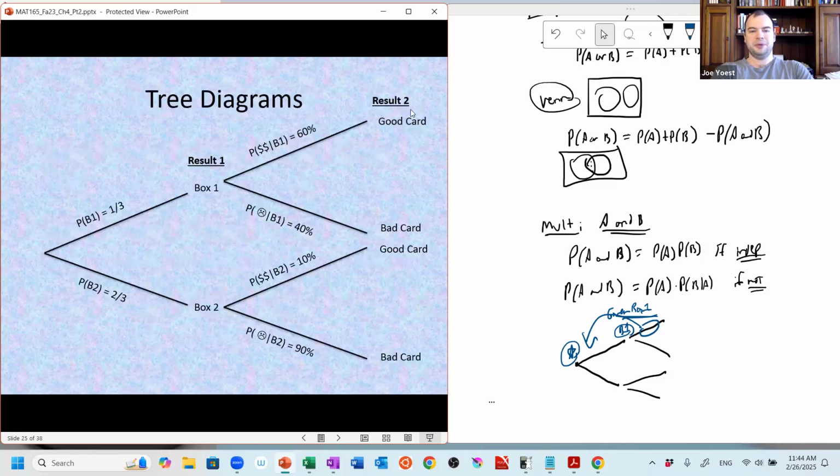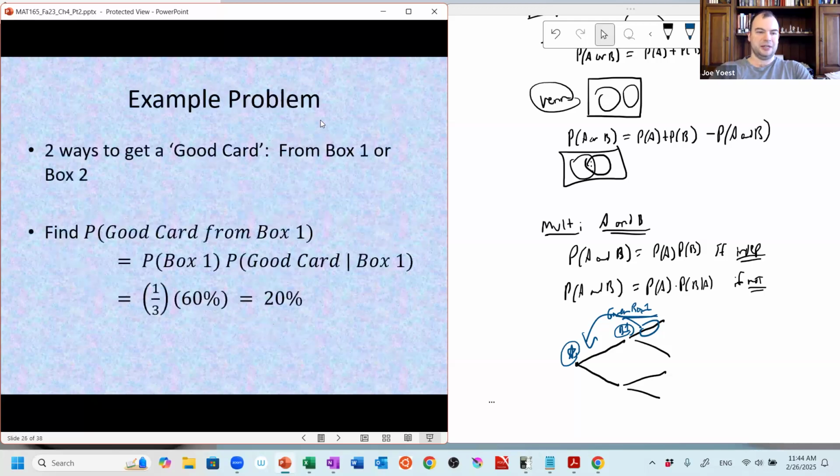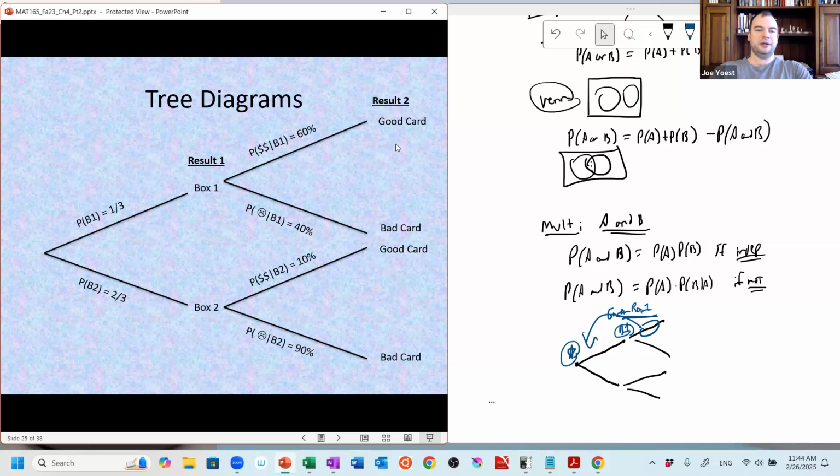So to get to this top good card, I had to go up, up, basically. If I multiply those probabilities along that path, 1/3 times 60%, that's exactly what I get here, or 20 percentage points of contribution from the top good card.